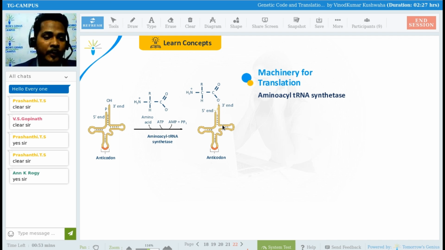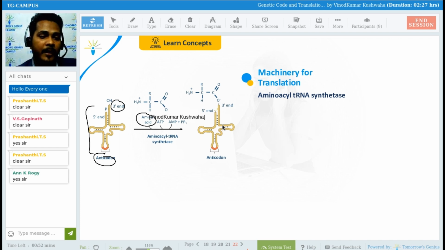This is the tRNA, this is the anticodon, and here is the end. So when this amino acid is picked up and comes in contact with this end, what happens? This process is called aminoacyl tRNA synthetase action.